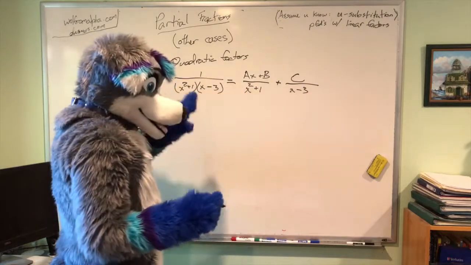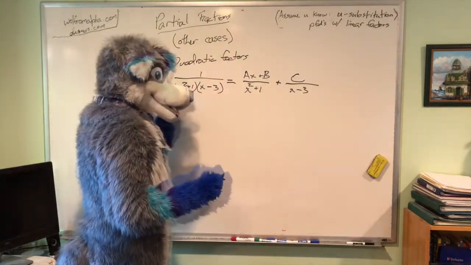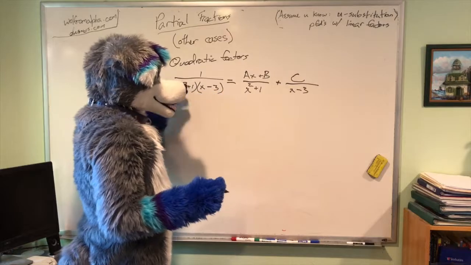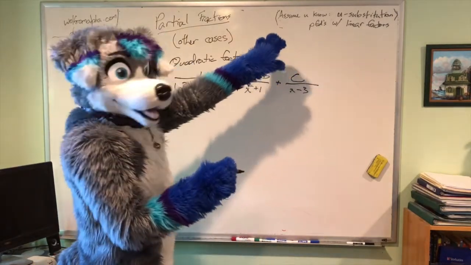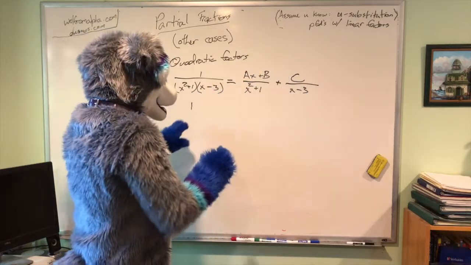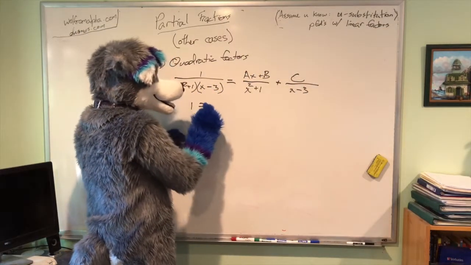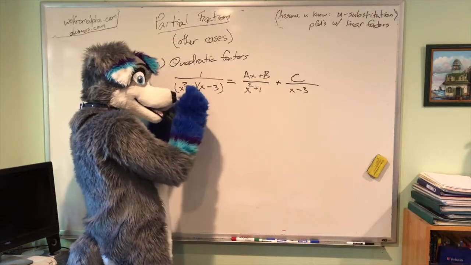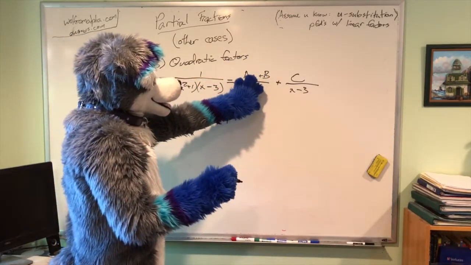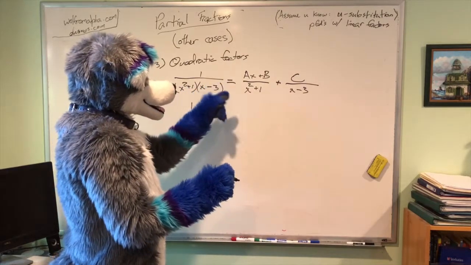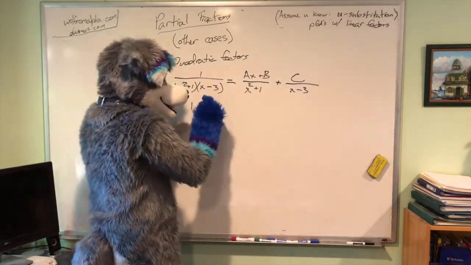So just let me go through really quick like you would normally do. Multiply both sides by the denominator. Again, I'm assuming you understand this stuff from my other video about the linear factors. I'm going kind of fast through this part, because hopefully you understand that. See, if I multiply this by the denominator, the x squared plus 1 goes away.